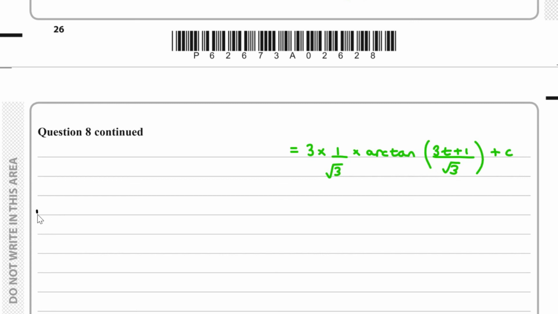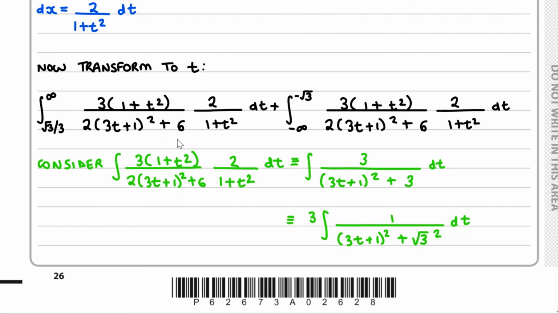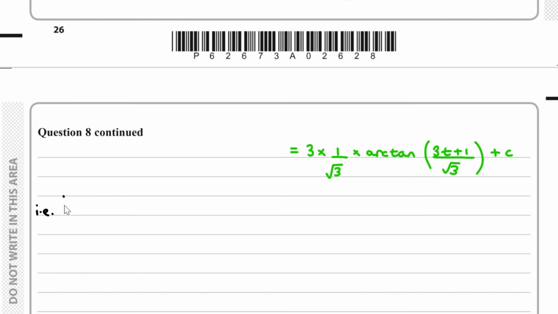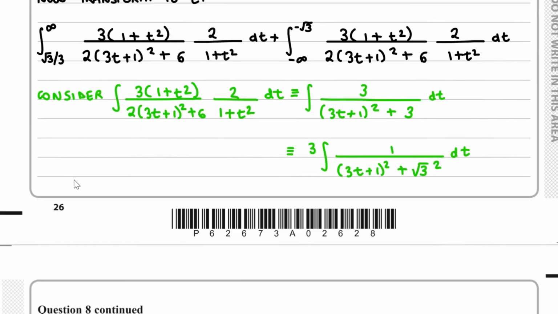So in other words, we have the integral here, which is equal to, well, for the first one, we'd have 3 over root 3 times by the arctangent of 3t plus 1 over root 3, and we're working this out in between, if we go back, root 3 over 3 and infinity.